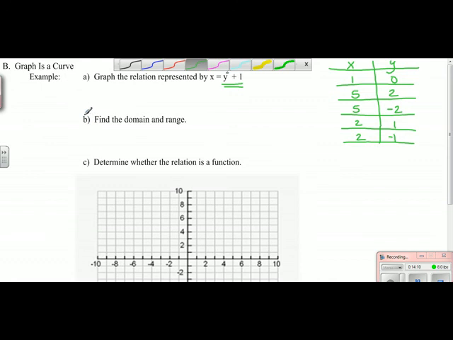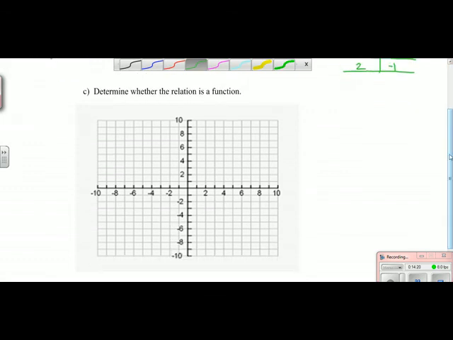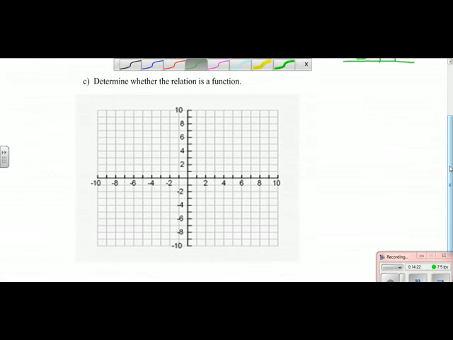Now in this case, I'm going to graph first before I worry about the domain and the range. Whenever I have something that's not a line, and even when I do, I'm probably going to graph it first and then figure out what can go in and what can come out based on the picture. So when I go to graph that, when x was 1, y was 0.